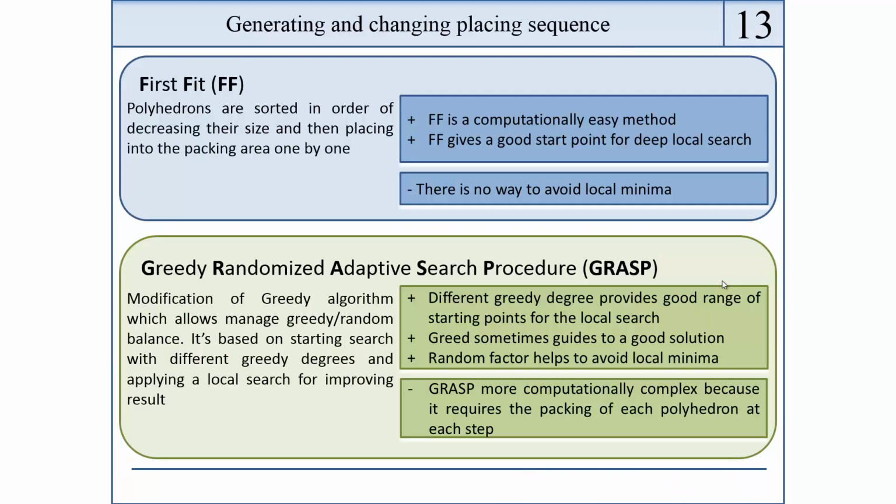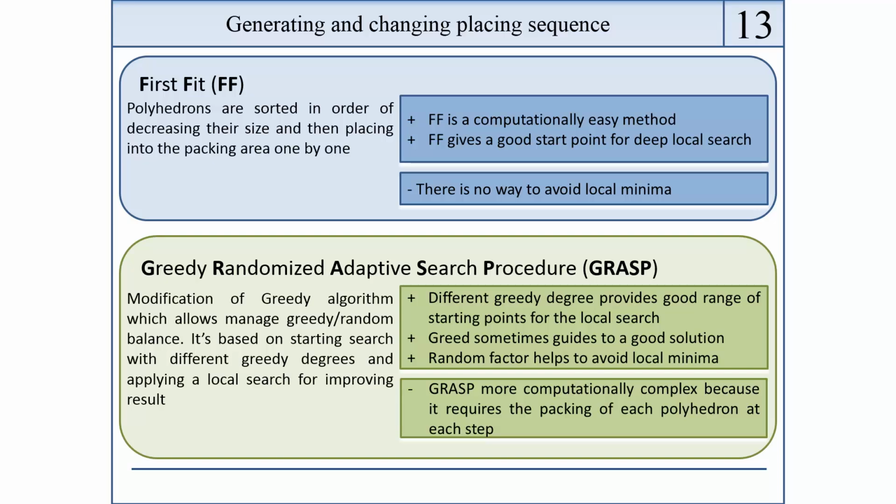That's it. To generate and change the placing sequence, I have used two methods. First, first fit with sorting, based on sorting polyhedrons according to decrease in their size. That way, big objects are placed first, and after them, small objects are placed. The second method I have used is a greedy randomized adaptive search procedure, GRASP.